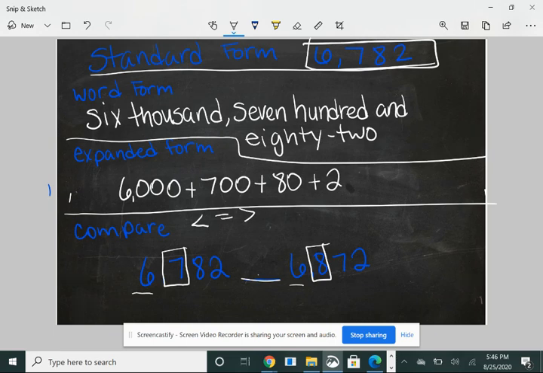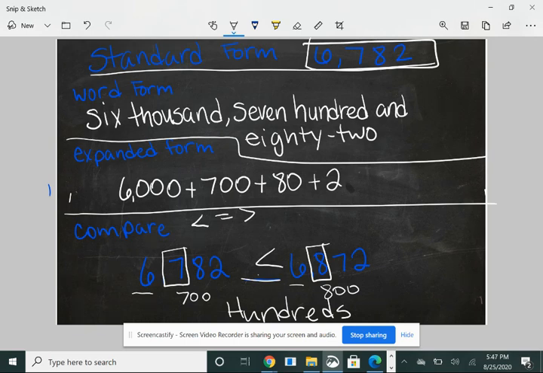And I can see that this number here would be 700s and here it stands for 800s, and we know that 800 is larger than 700. So I can get an answer now. Now, if I asked you, what place value did you use to compare the numbers? Well, my answer would be hundreds. That is the place value that I used to determine which one was greater than.